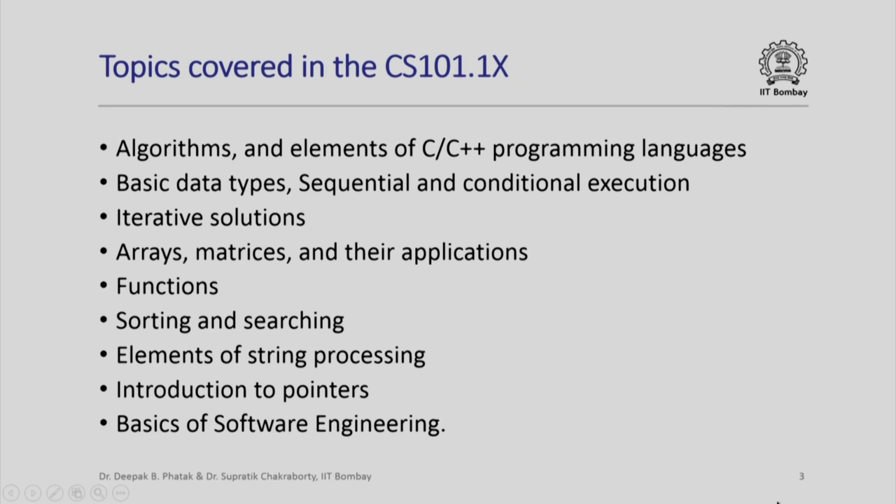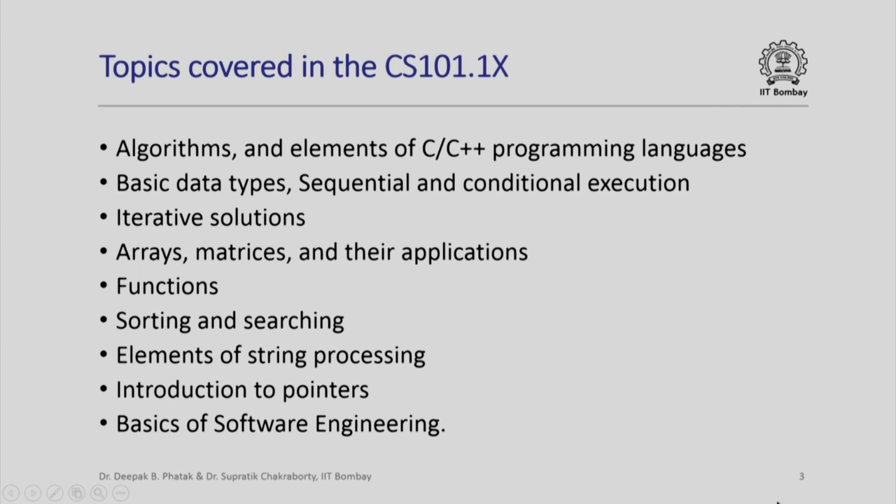We began with the notion of algorithms. We studied the elements of the C and C++ programming languages. In particular, we looked at the basic data types, sequential and conditional execution of programming statements, and iterative solutions. Then we looked at data structures such as arrays and matrices and studied their applications.